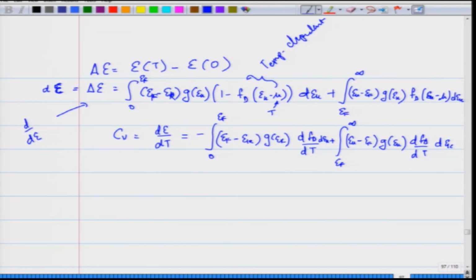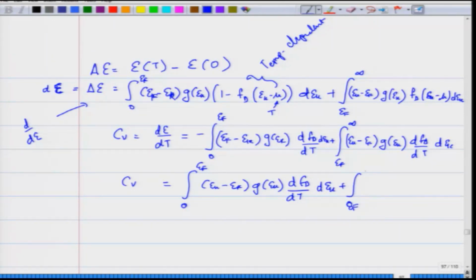So, you get this expression and therefore, you can rewrite this expression as Cv. Now, you can take it as Ek, this negative sign will make it Ek minus EF. So, finally, the integral from 0 to EF of (Ek minus EF) G(Ek) dF_D/dT dEk plus the integral from EF to infinity of (Ek minus EF) G(Ek) dF_D/dT dEk.